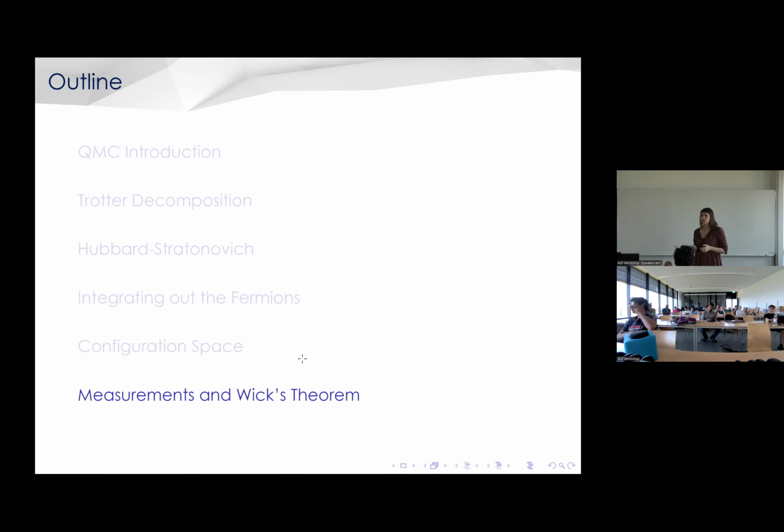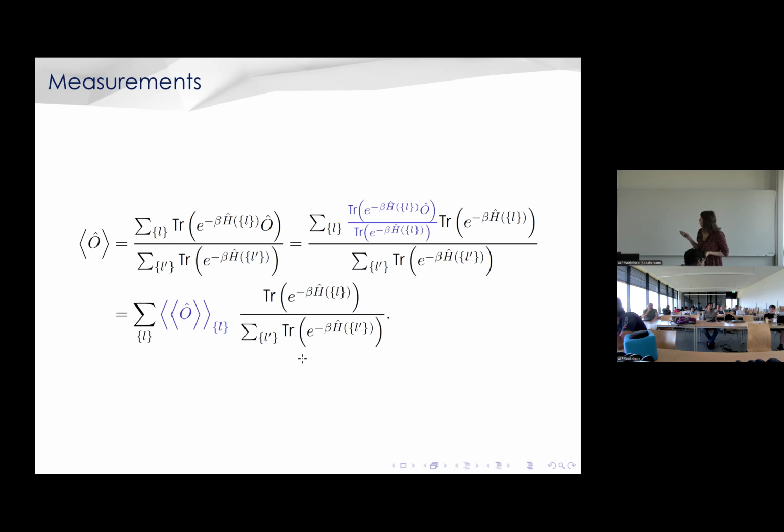But ultimately, what we want to do is take measurements in our system. And so how do we do that? If we go back to the idea of the average observable, thinking about our auxiliary field configurations, it is going to be a sum over all the auxiliary fields with the observable, divided by the sum without it.